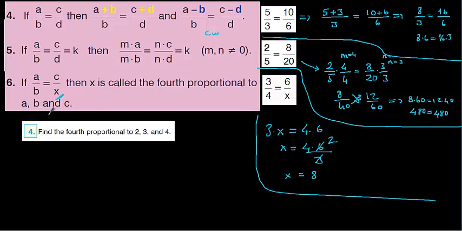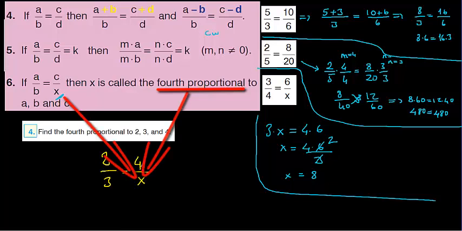Here we have an exercise about the fourth proportional. Find the fourth proportional to 2, 3, and 4. Here 2 represents a, 3 is b, and 4 is c. Then x is the fourth proportional.